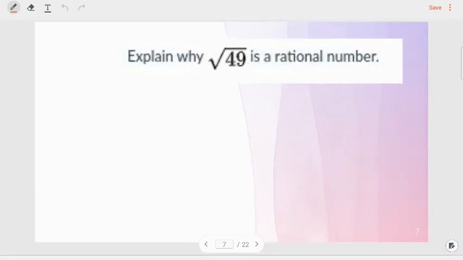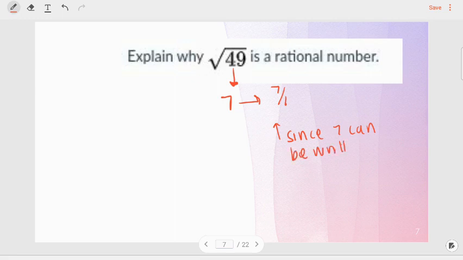Explain why the square root of 49 is a rational number. Well, here's my explanation. The square root of 49 is a perfect square, which means the square root of 49 equals 7. 7 can be written as a fraction. So, if I had to write a sentence: since 7 can be written as a fraction, the number is rational.